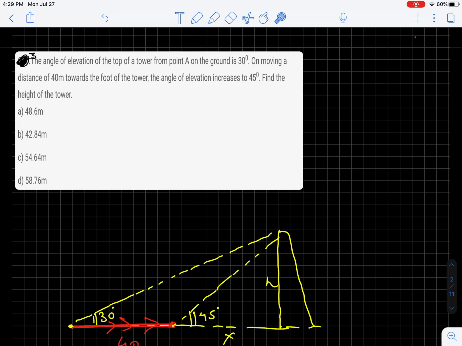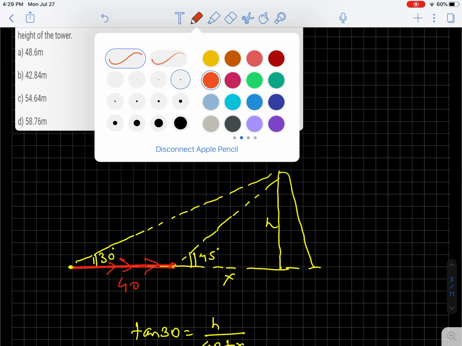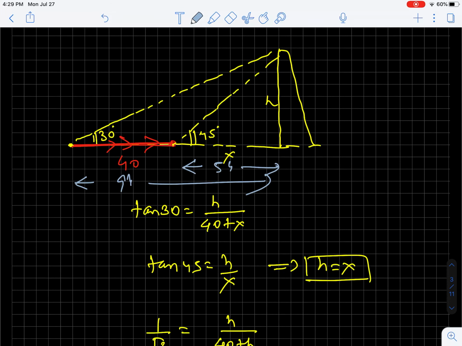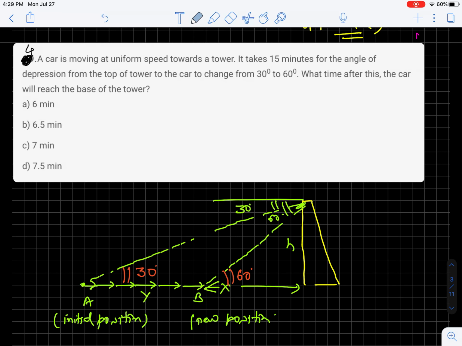Then the height of the tower is approximately 54, and this distance is also approximately 54. Then if they ask about the initial distance of the point from the foot of the tower, that will be 94. Okay, now one more question of a similar concept but with different language.